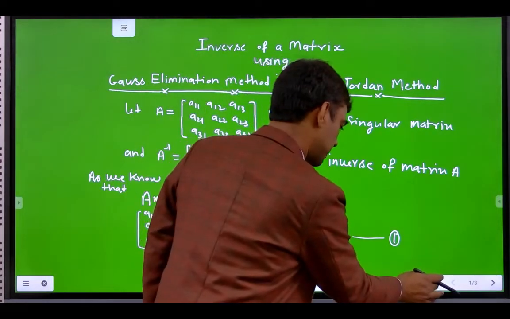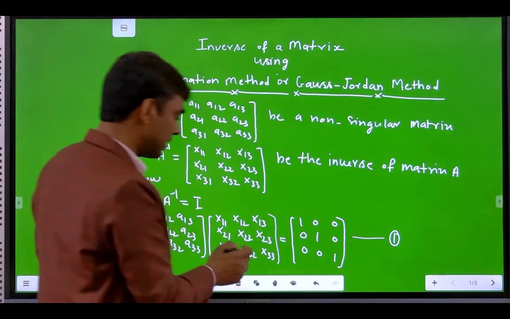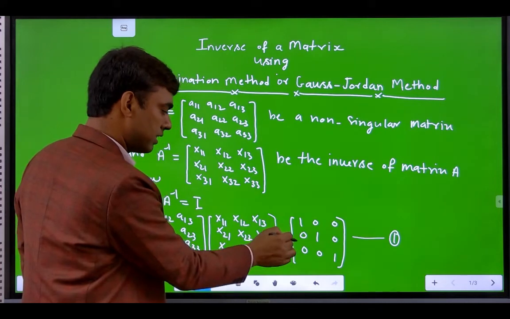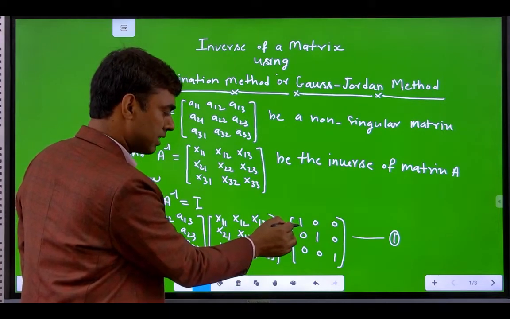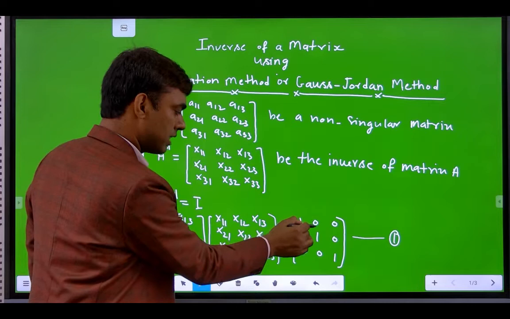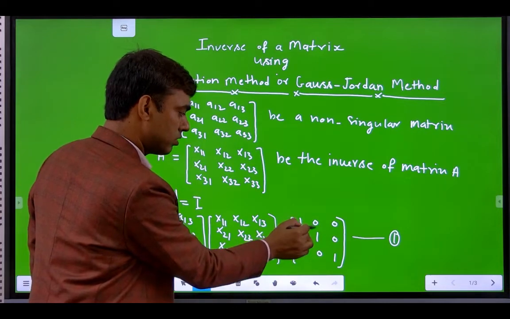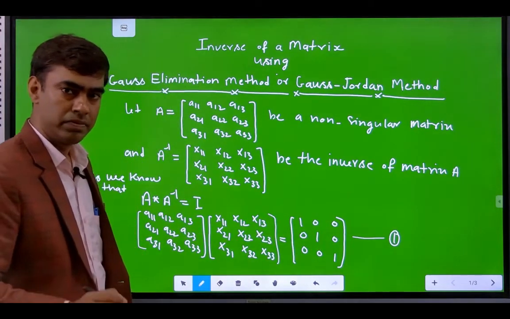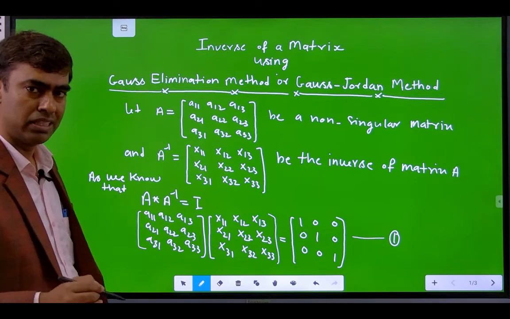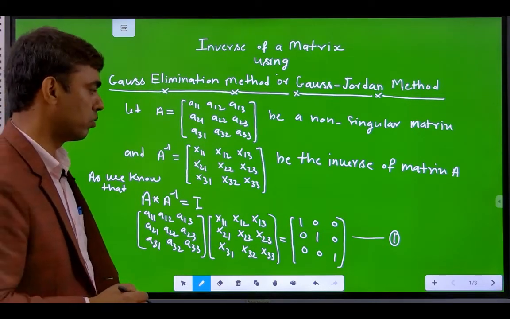So what is the right-hand side? In the first system of linear equations, the right-hand side is 1, 0, 0. In the second system, the right-hand side is 0, 1, 0, and in the third system, it is 0, 0, 1.